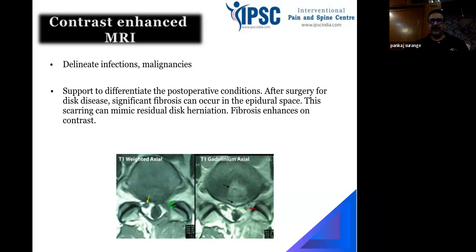Inquire from the patient what the condition was before the surgery or before the procedure. Ask about the history, what happened after surgery, whether they improved or not, or whether your symptoms have increased after the surgery or the procedure. If the symptoms have increased after the procedure or surgery, any discal procedure, immediately after the procedure, you must suspect infection.